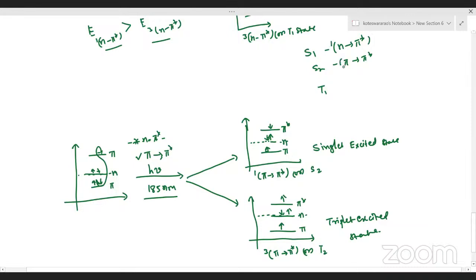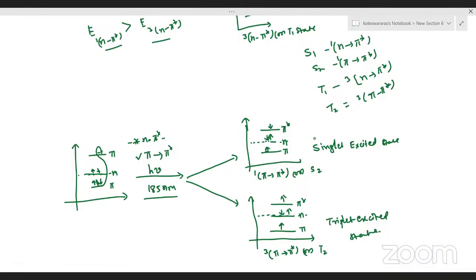This one is singlet and this one is also singlet. We need to always represent whether it is a singlet or triplet. T1 is the triplet state of n to π star, and T2 is the triplet state of π to π star. This is about the general excited states and general electronic excitations.